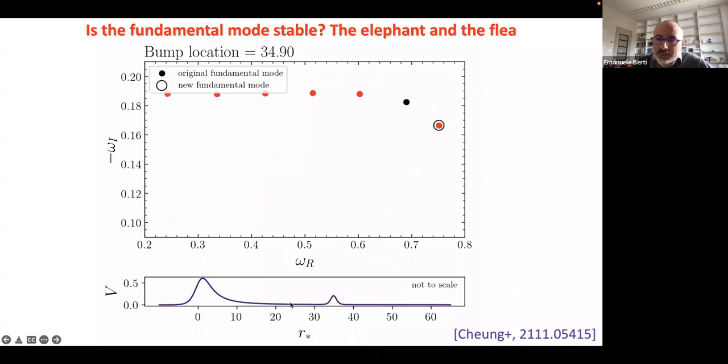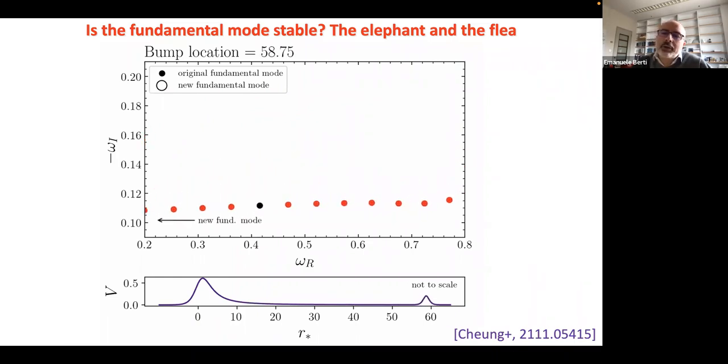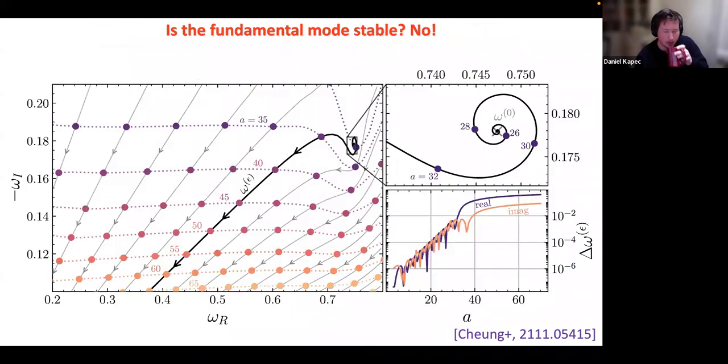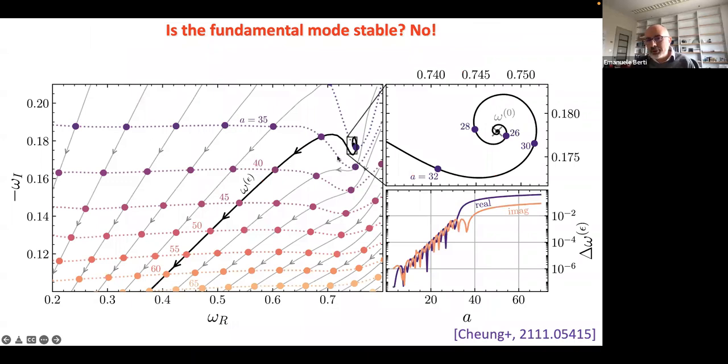But this is a non-rotating black hole spectrum. If you do it on a Kerr black hole and you repeat the same game, you could very well trigger a superradiant instability in this way, if that's what you were thinking about. Yeah, okay, thanks.